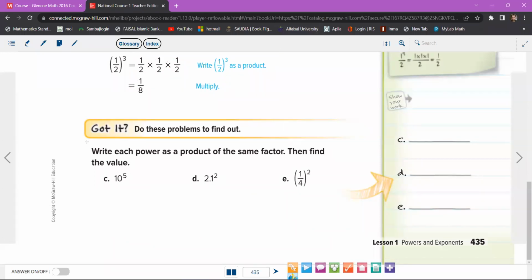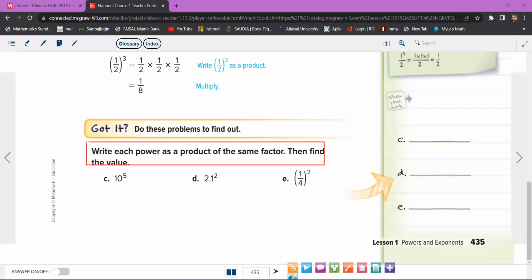Write each power as a product of the same factor, then find the value. Problem C, 10 to the power of 5 means 10 multiplied by 10 multiplied by 10 multiplied by 10 multiplied by 10.